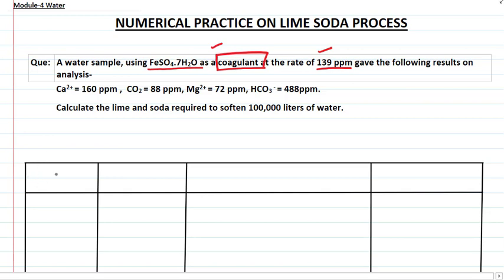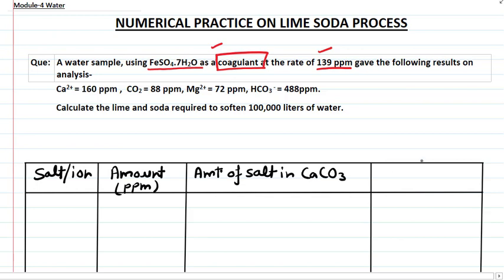I am going to start the solution with the help of this table, where in the first part I am going to write the salt or ion, then the amount of the respective salt or ion, which is given in terms of parts per million, then the amount of salt in calcium carbonate equivalent, and the last part is the requirement of lime or soda, or we can say the requirement of both the chemicals.